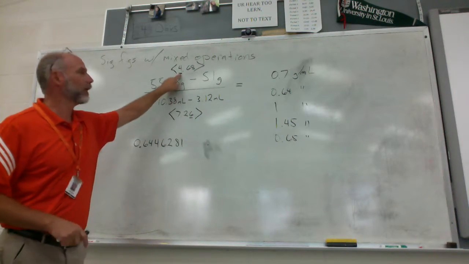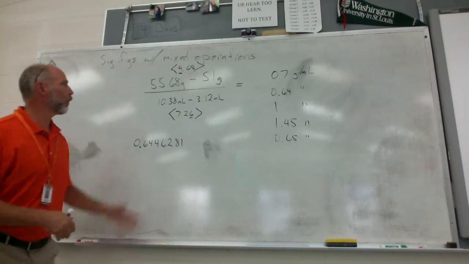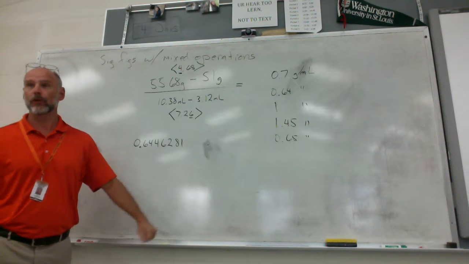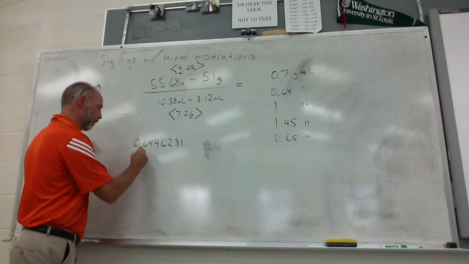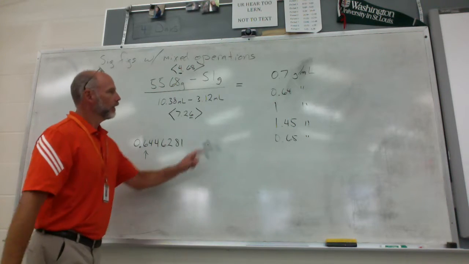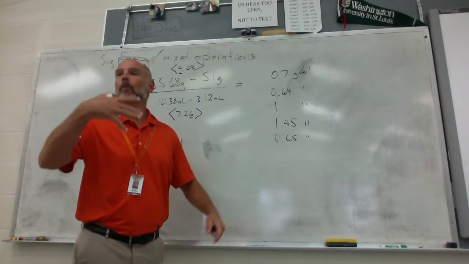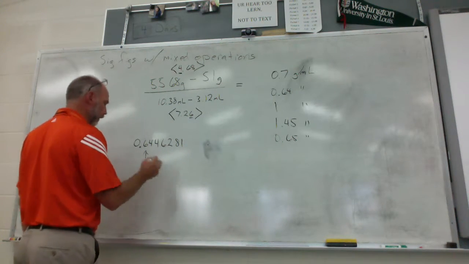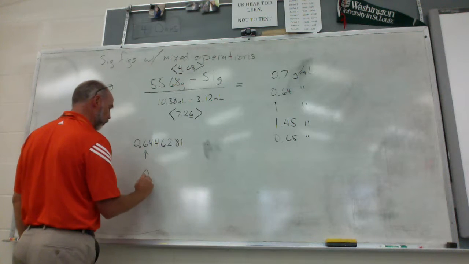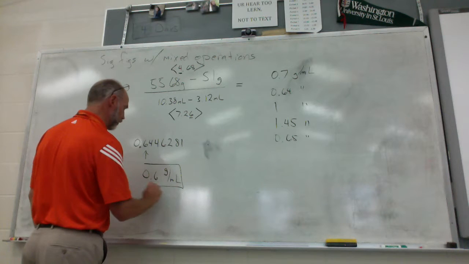Remember, it's only valid to that. Right? That's why I put that little mark, okay? So when I do my division, it's only valid to 1 significant digit, which is right here. Therefore, this person, and in a way this person was thinking correctly in the 1 significant figure realm, okay, but it just had the wrong one. So it ends up being 0.6 grams per milliliter as the correct answer.